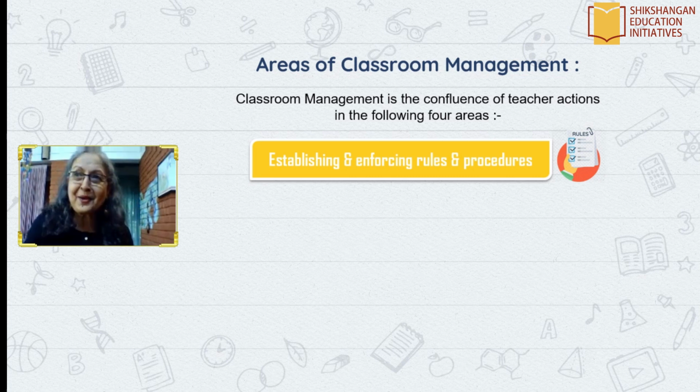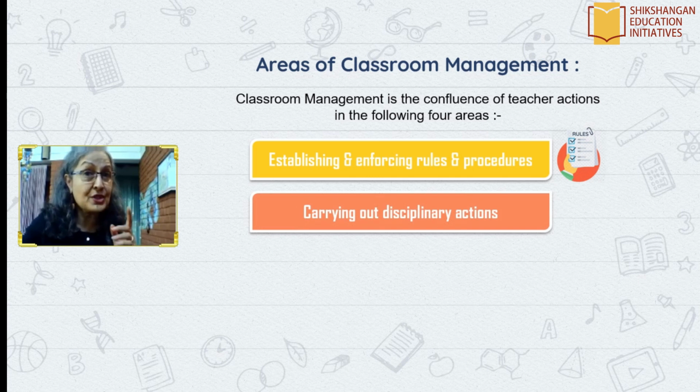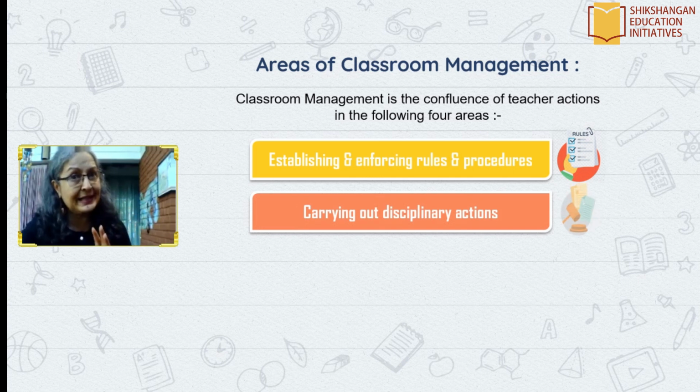Now, regardless of how kind and flexible you are in the setting of the rules and how much you negotiate the framing of these rules for behavior, usually human beings do not like to live in the confines of any kind of rigidity, and so rules would be broken. Now, when the rules are broken, the disciplinary interventions that you might bring into force is the second factor. So that's something which is important, and we will also be dealing with this episode by episode.